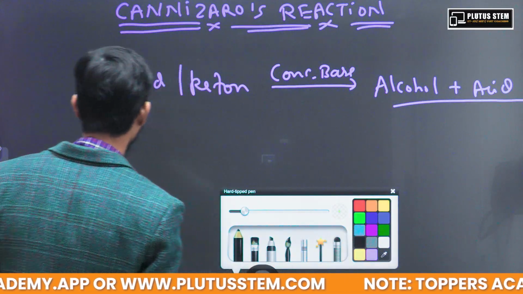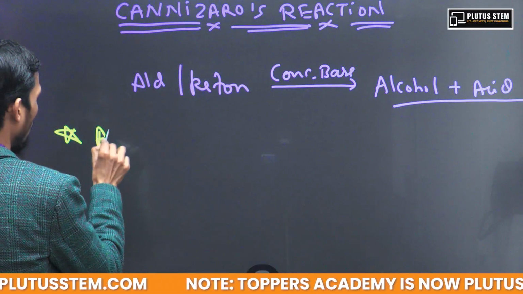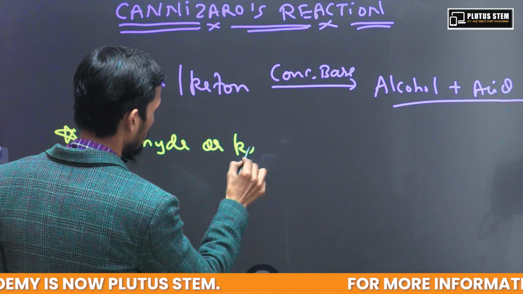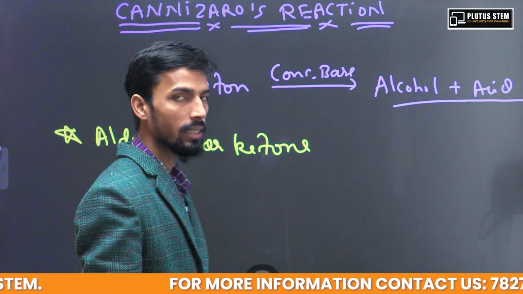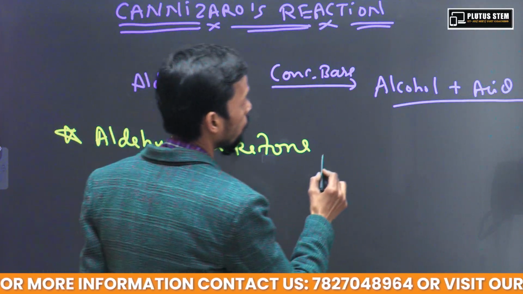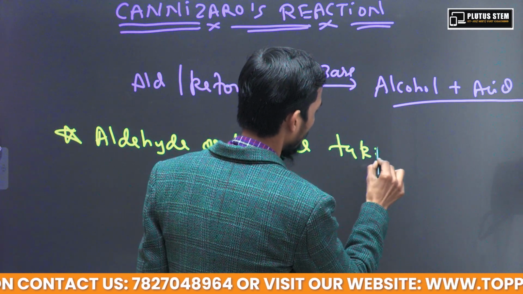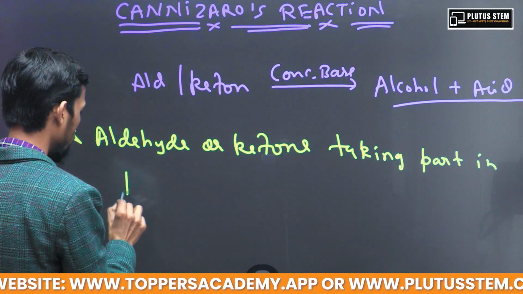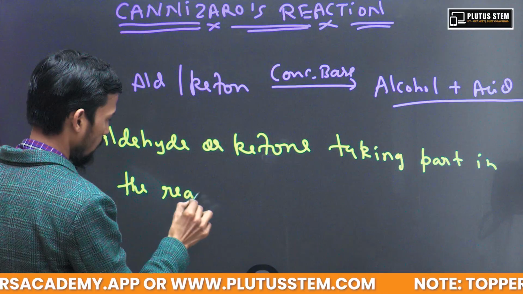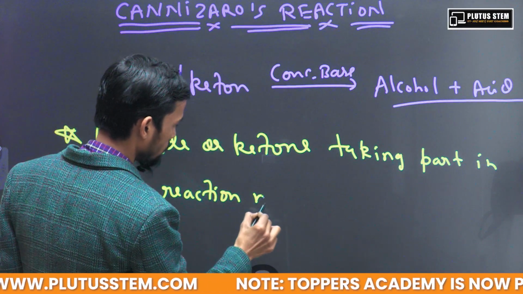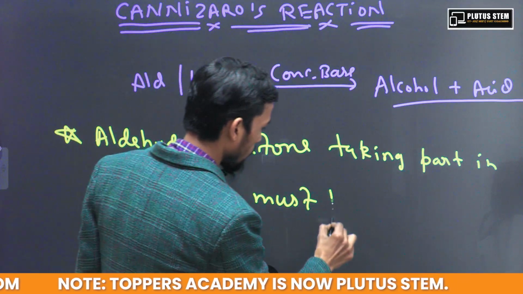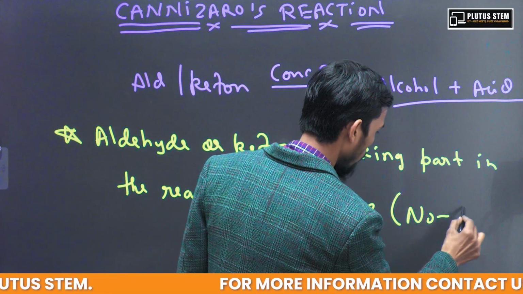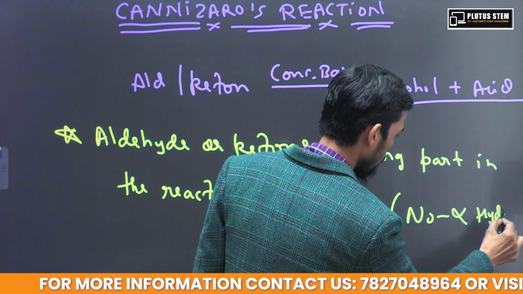The first point is that the aldehyde or ketone taking part in the reaction must have no alpha hydrogen.